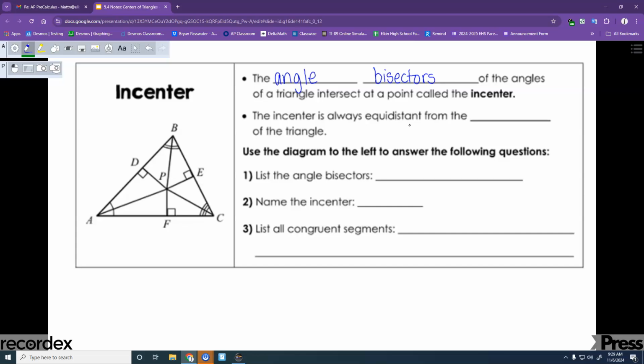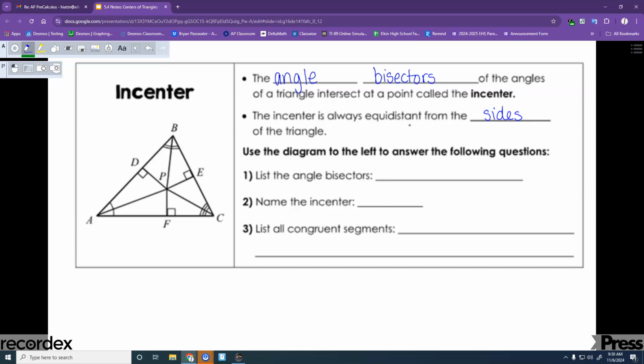So your angle bisectors go with your in-center. The in-center is always equidistant from the sides of the triangle.